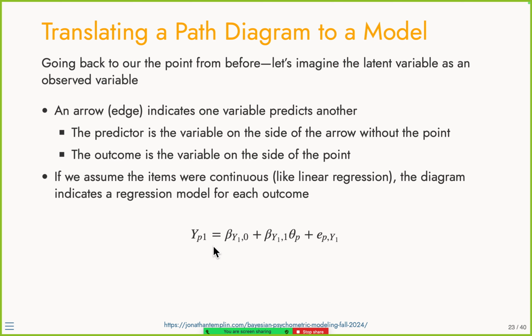Here, what that path diagram is trying to indicate is that the latent variable, theta, the term where the arrows start, is the predictor in a model that predicts where the arrow ends, right? So where the edge begins is the latent variable, where the edge ends is the predicted variable. So that means y is being predicted by theta in that case. And as you would normally expect, this would follow a simple linear regression.